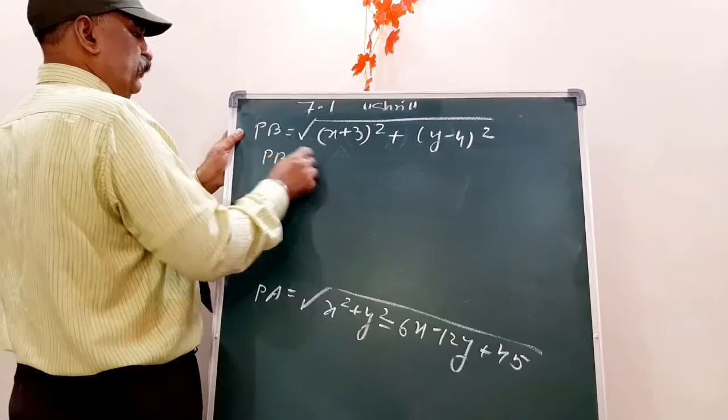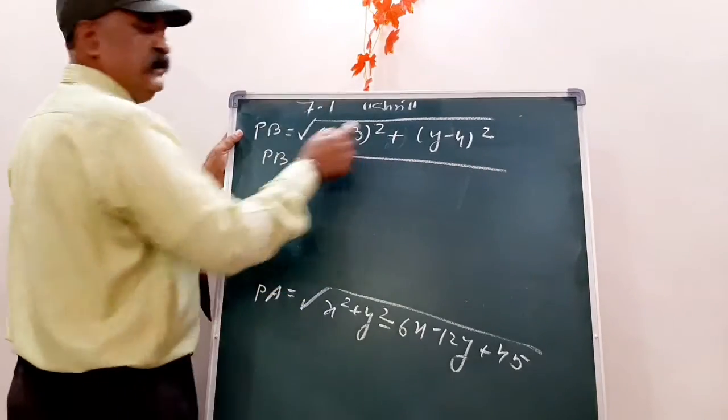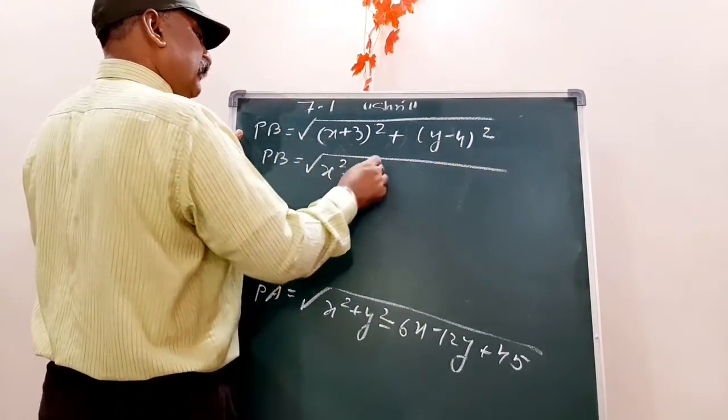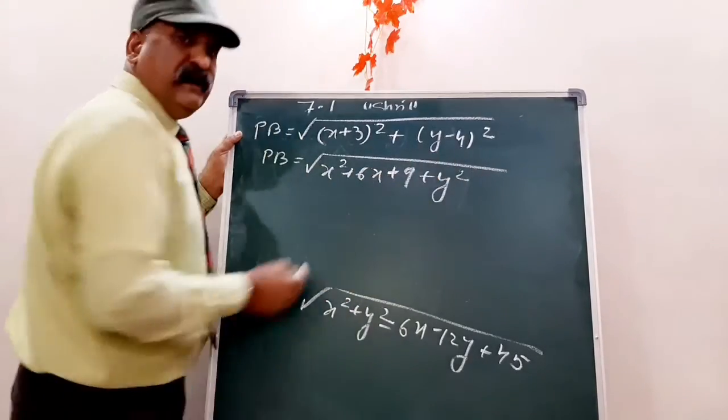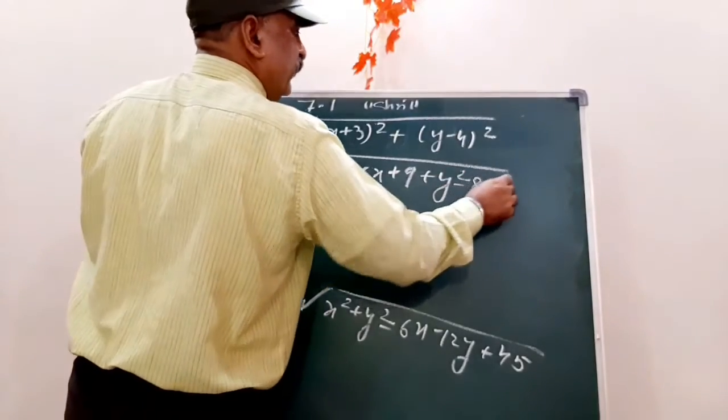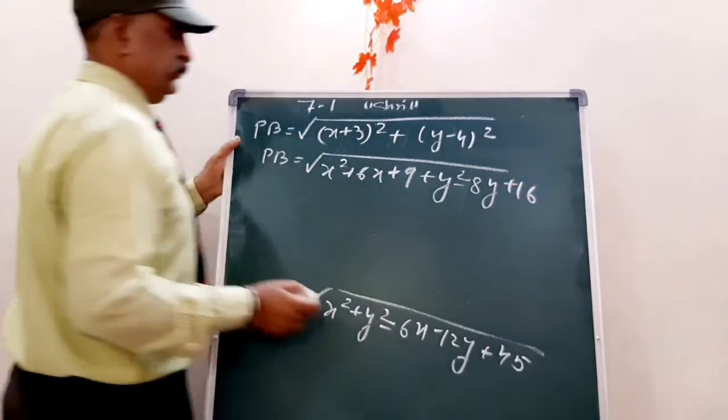So PB is equal to under root (a plus b) whole square, it means x square plus 6x plus 9, plus y square, and (a minus b) whole square, minus 8y plus 16.